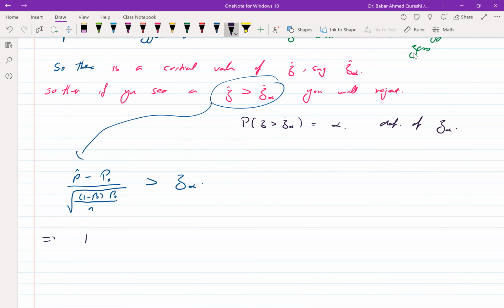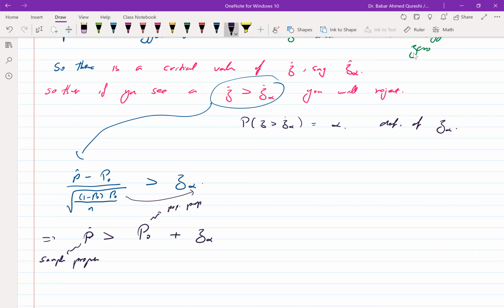And that means the small p hat sample proportion is greater than the population proportion by this much.